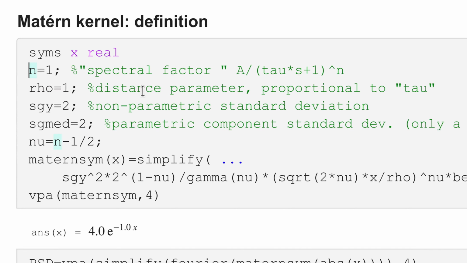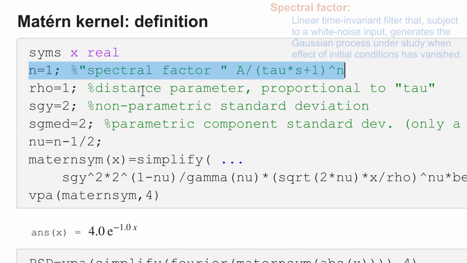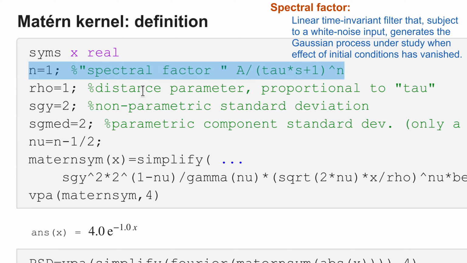We'll have some parameters. The first one will be the order of the spectral factor, because as I am a control people, I like to think in filter transfer functions, and then I will start with a first order filter.